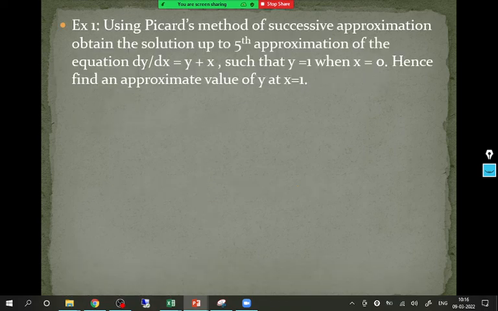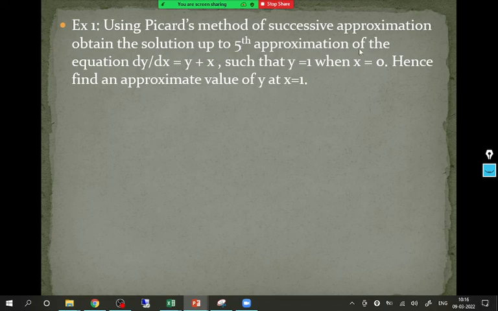Two simple questions. The questions are really simple here. First, read a question. Use Picard's method of successive approximation to obtain the solution up to fifth approximation. So which value do we have to calculate then? Fifth approximation means y5.